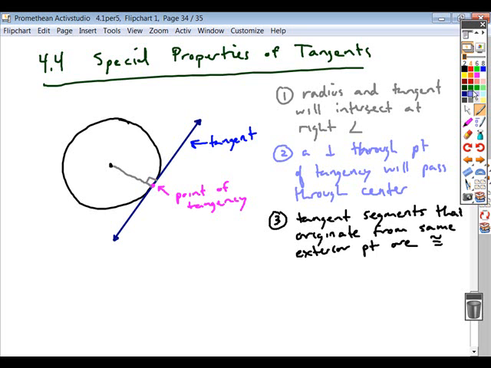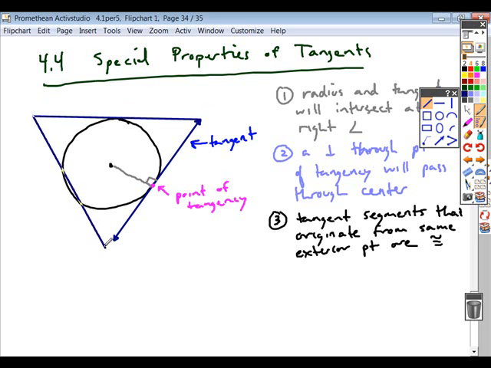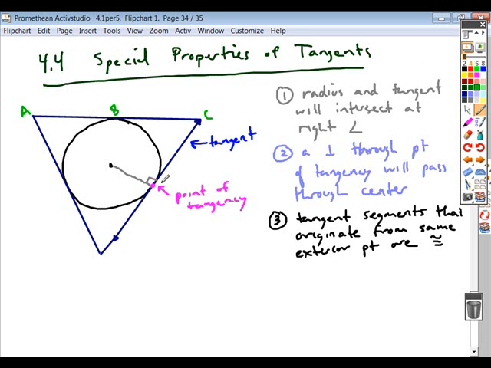What that means is, if I took a second tangent and extended it from this point, and even a third one, and extended these, what you will see is, if we were to label these points, let's call them A, B, C, D, E, and F. The relationship when you take tangent segments that originate from the same exterior point is that any tangent originating from point A is going to have the same length.